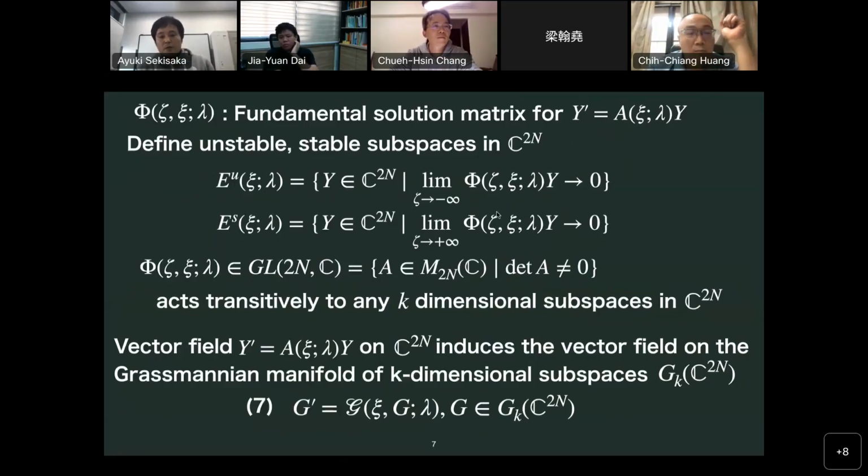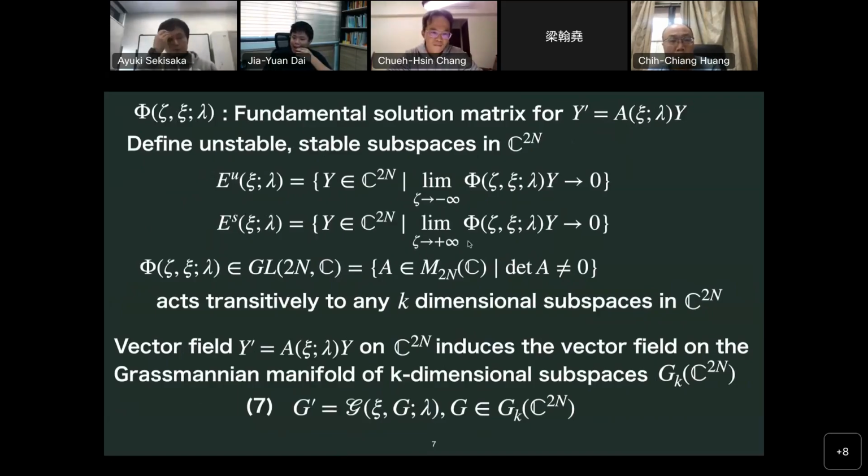These subspaces are sets of solutions. The unstable subspace consists of solutions that decay as zeta tends to minus infinity, and the stable subspace consists of all solutions that decay as zeta tends to plus infinity.